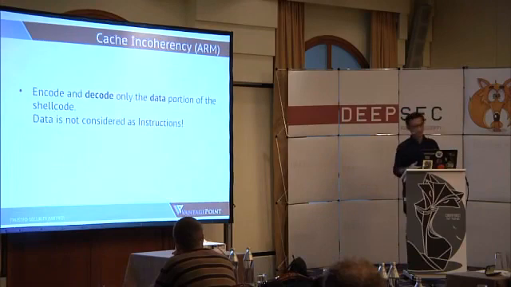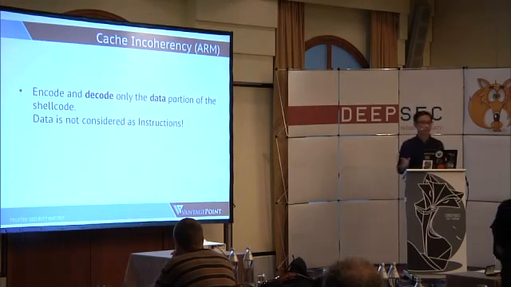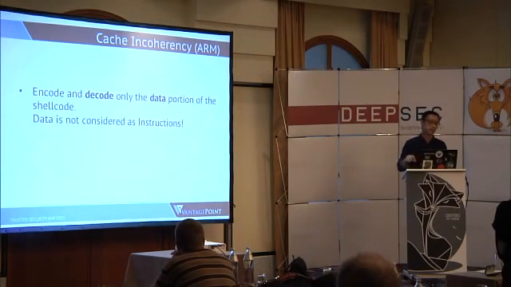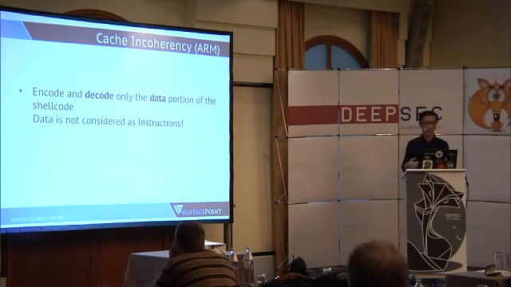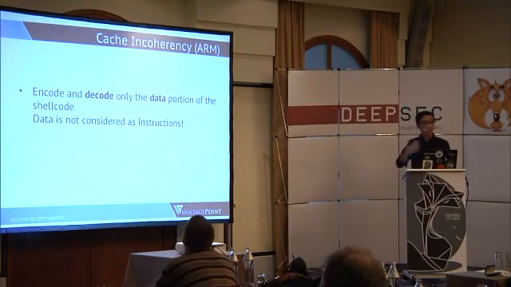So one tip that I can give you, what I found out works best for me, is to just encode and decode only the data portion of the shellcode. So why is that? In the shellcode, you can always easily write the shellcode such that there are no bad characters. But in the data portion, where there are your IP addresses and your port number, that's the location where there are always bad characters, where there are null bytes and things like that. So what I realized is to write a shellcode where you avoid all these bad characters, and only in the data portion you encode it and decode it.